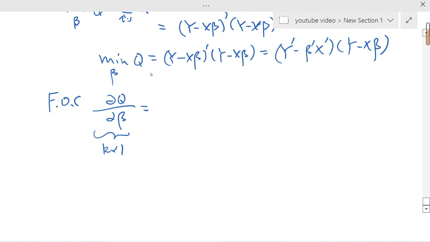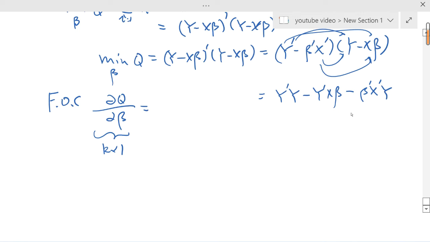Okay, so we want to differentiate Q with respect to beta. Let me just multiply this inside: y prime y minus y prime x beta minus beta prime x prime y plus beta prime x prime x beta.